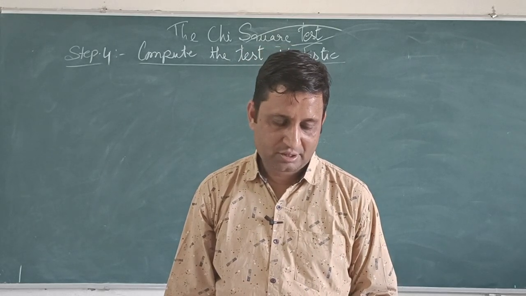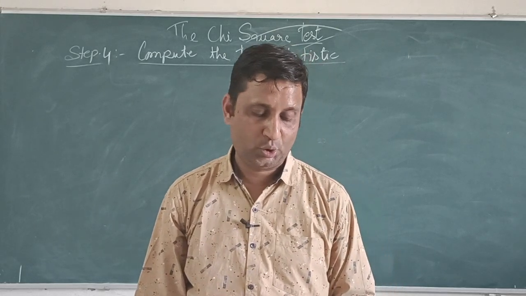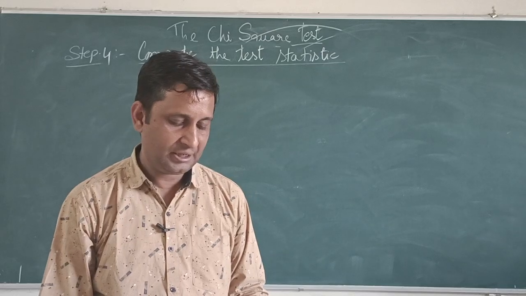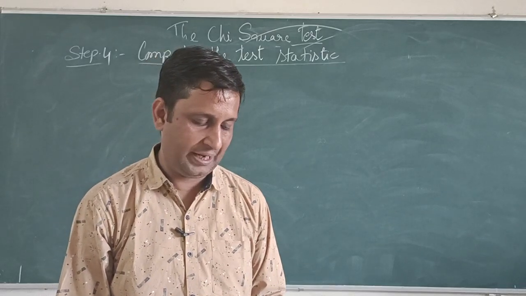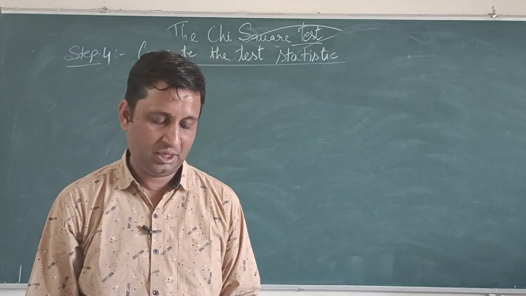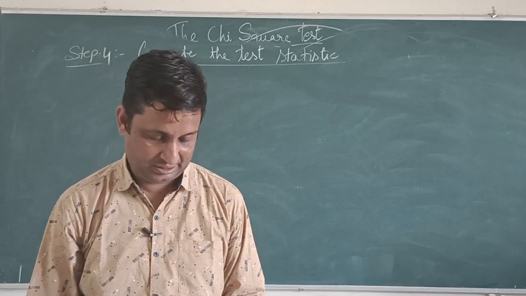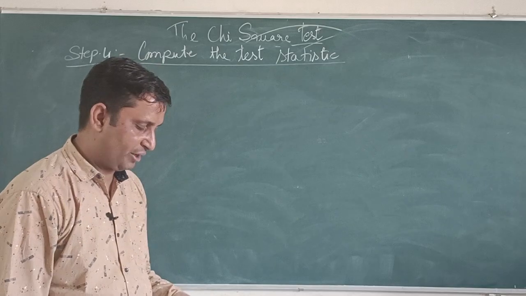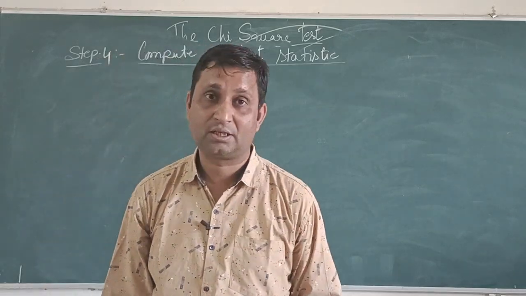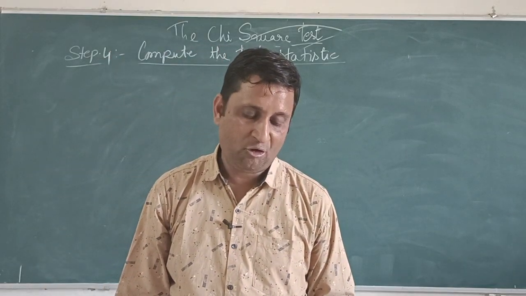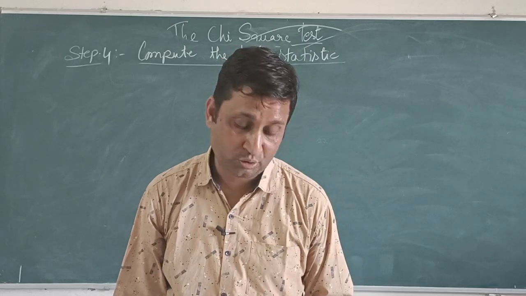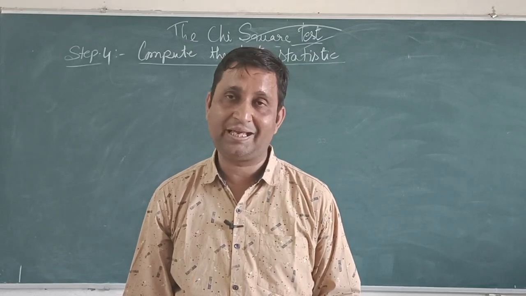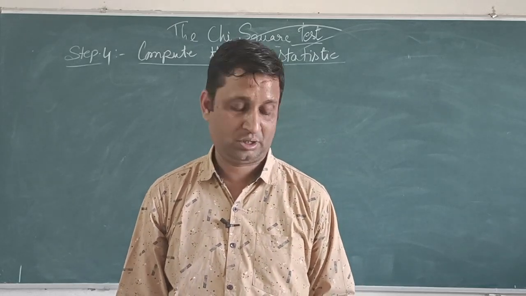This test statistic is used to determine whether the difference between the observed and expected values is statistically significant. The chi-square statistic is a measure of how far the observed counts are from the expected counts.